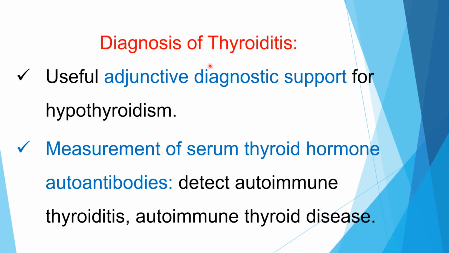Friends, we know that thyroiditis is an inflammation and enlargement of the thyroid gland, and is generally due to immune mediated diseases. So here a useful adjunctive diagnostic support for hypothyroidism is measurement of serum thyroid hormone autoantibodies.